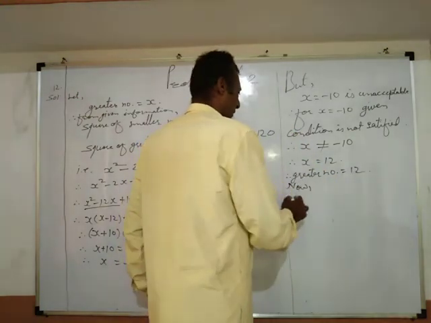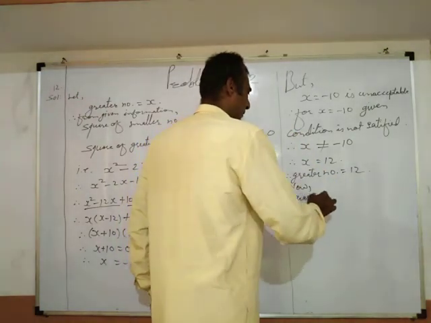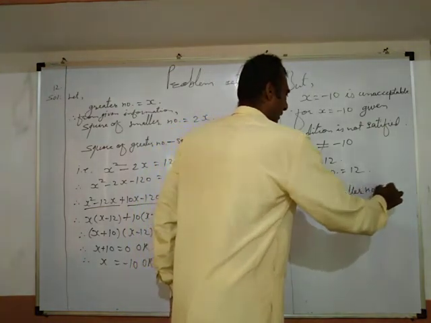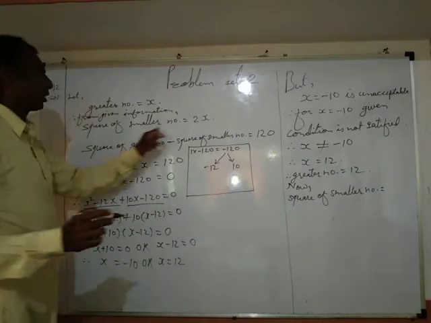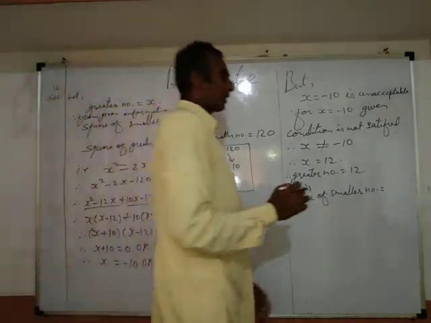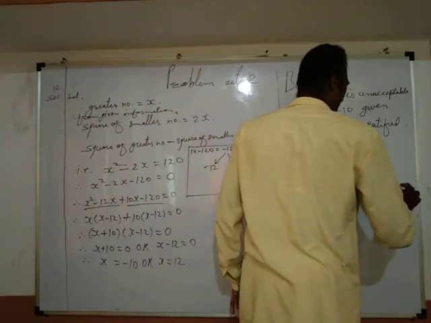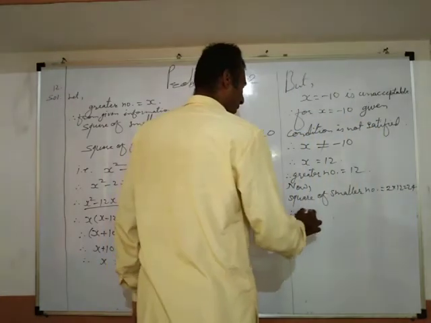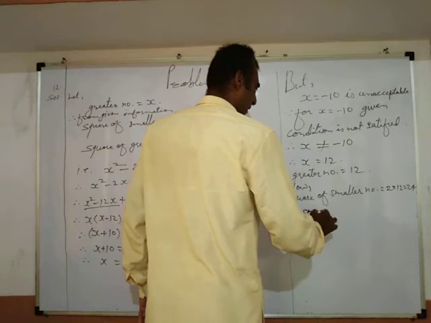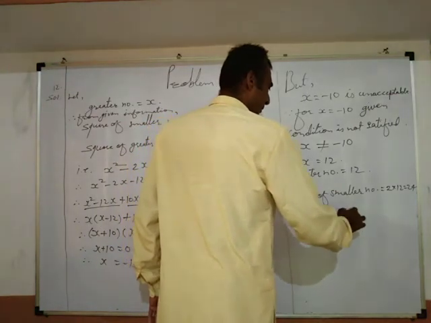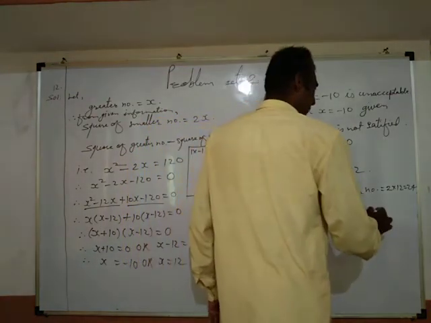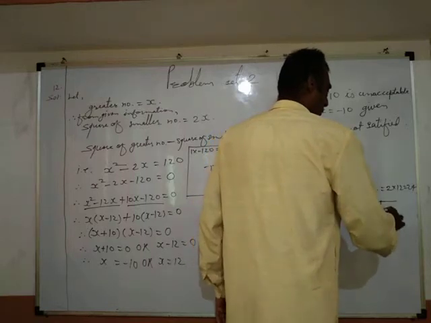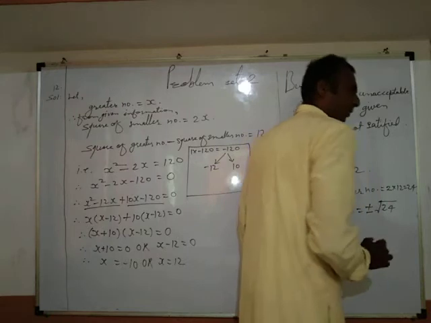Now square of smaller number is twice of the greater number, means 2 into 12 equals 24, and therefore smaller number is equal to plus or minus root of 24.